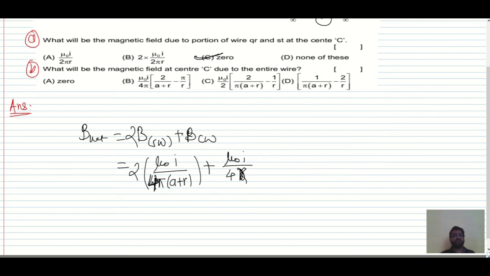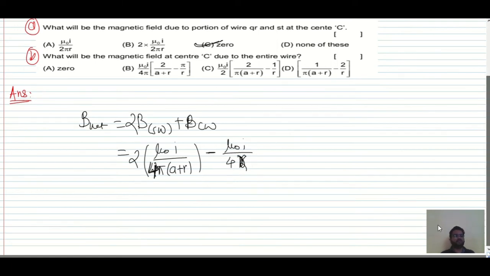Now here Y is positive, and here we have to consider one in the negative direction, because the direction is opposite.